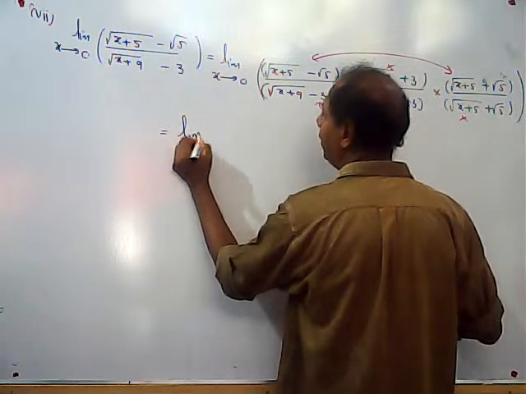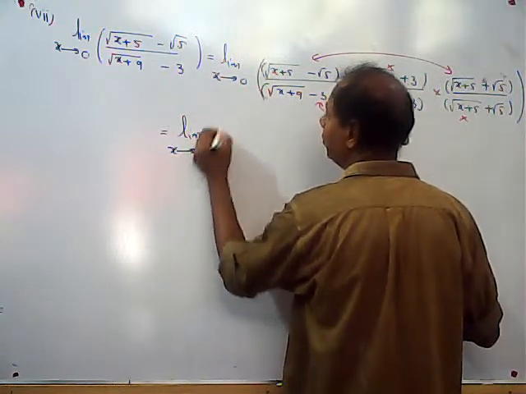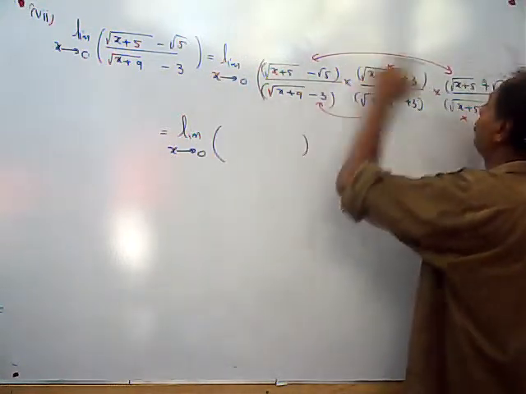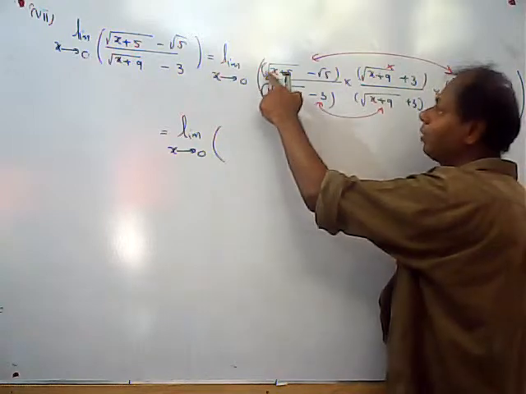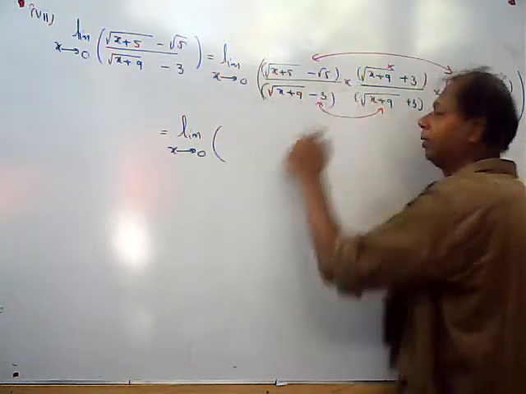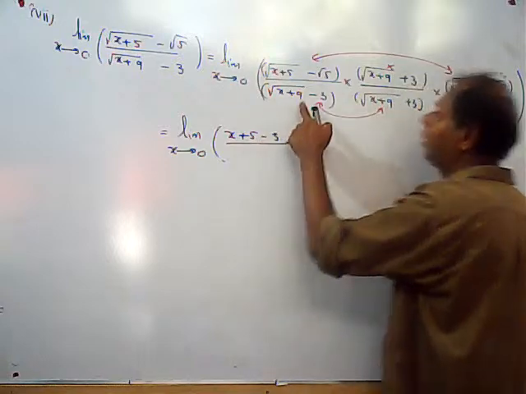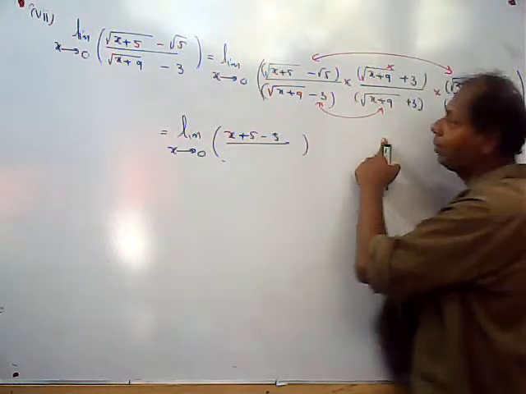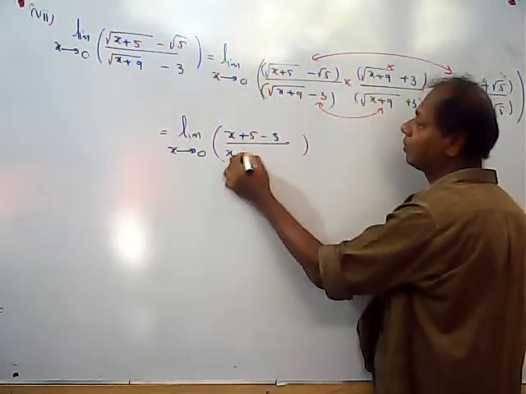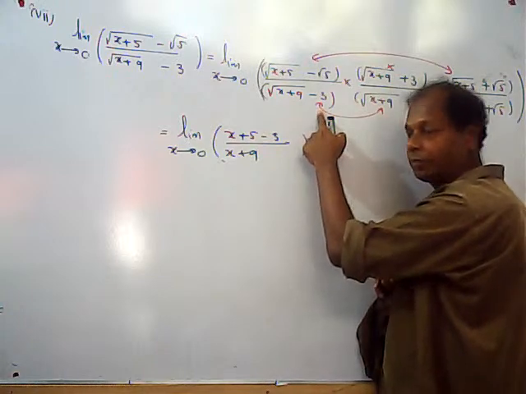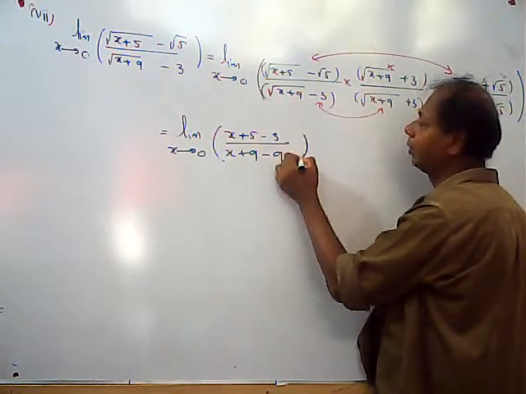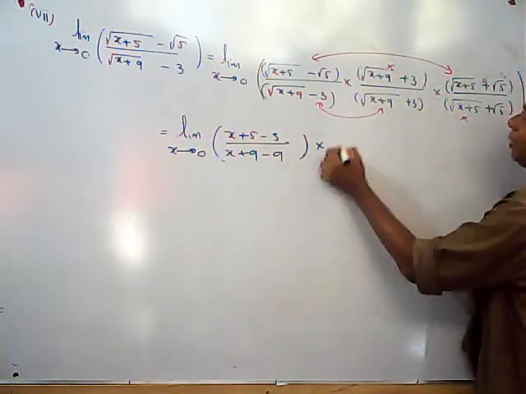Then we take the limit as x goes to 0. These two, a difference of squares, will give x plus 5 minus 5 in the numerator, divided by these two, again a difference of squares, which will give x plus 9 minus the square of 3, that will be 9.